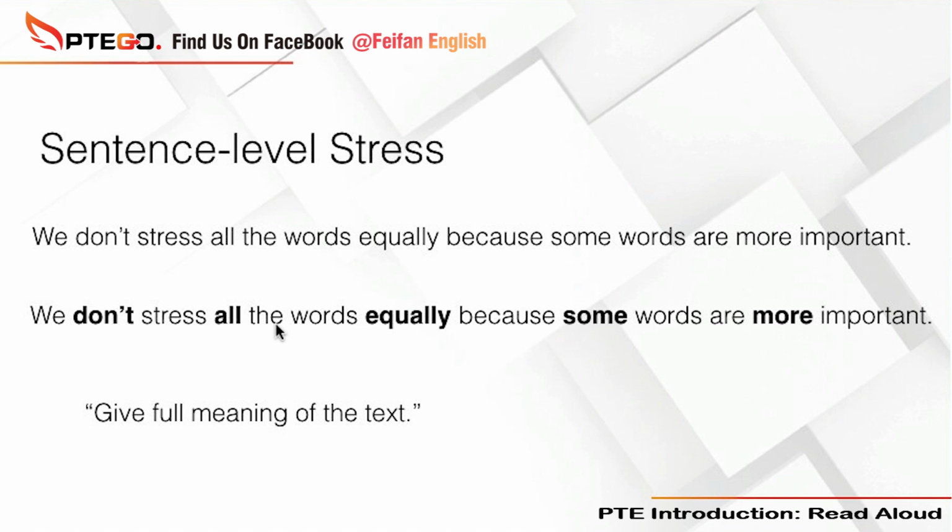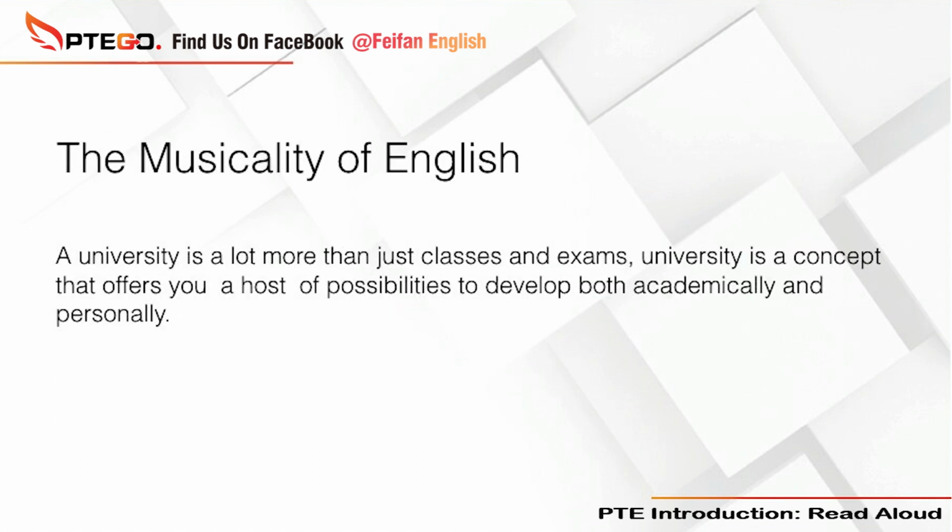For example, we don't stress all the words equally because some words are more important. Few words are more stressed, and they give out the meaning of the whole text in front of you. So stressing at the right points is very important, and this is the musicality of English.